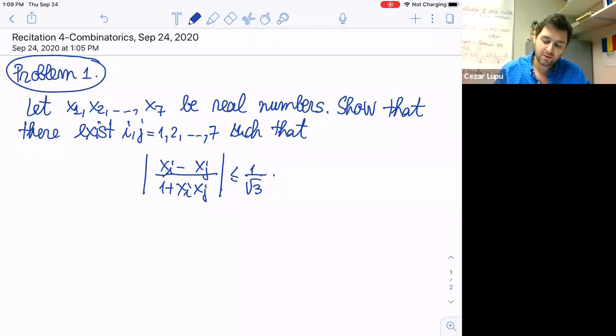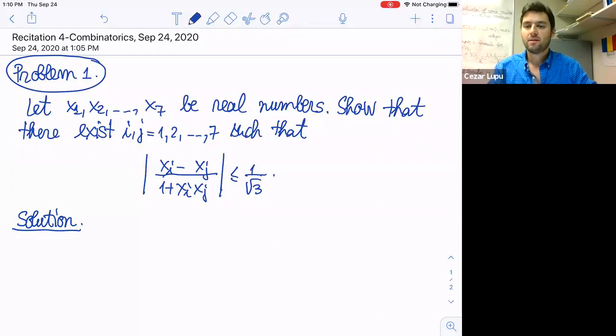Does this ring a bell to you when you look at it? Does that expression in the absolute value remind you of anything? Like, for example, some trigonometric identity that you learned somewhere.